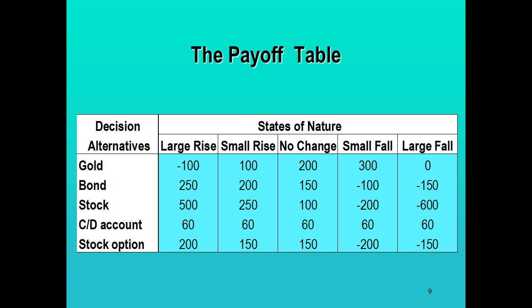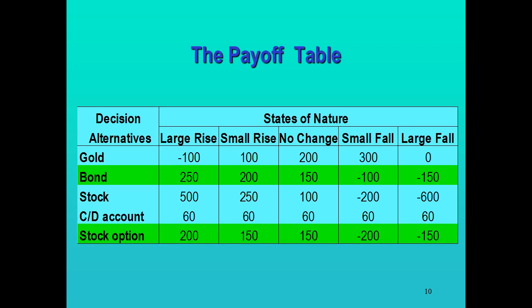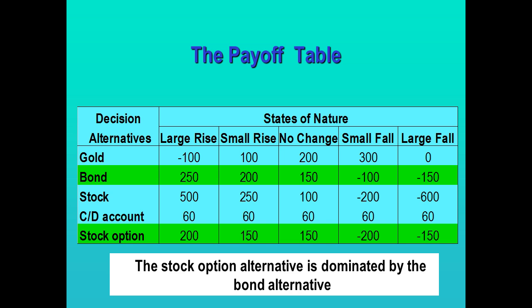So unless there's some other variable that we didn't quantify here, there's not really a reason to ever go with the stock option, right? If the bond is as good or better in every possible future state of nature, then there's no reason really to go with the stock option. We call that, it is dominated. Okay, we call that the stock option alternative is dominated by the bond alternative.